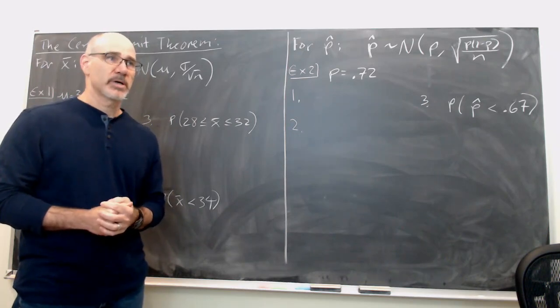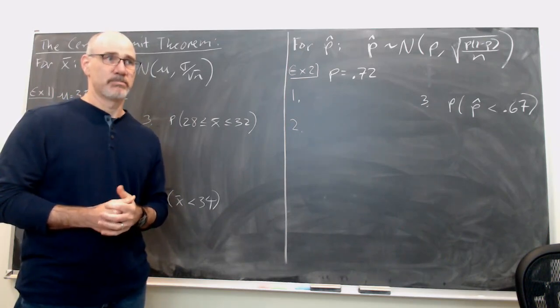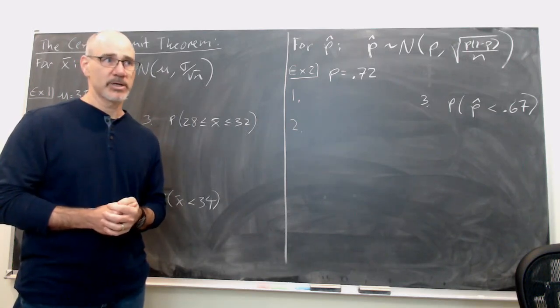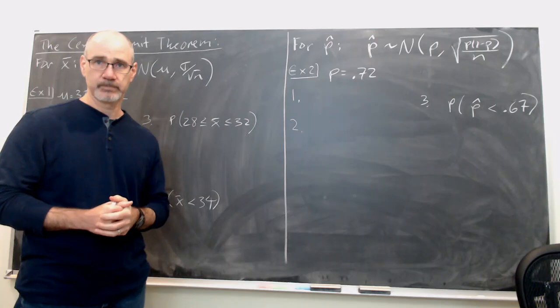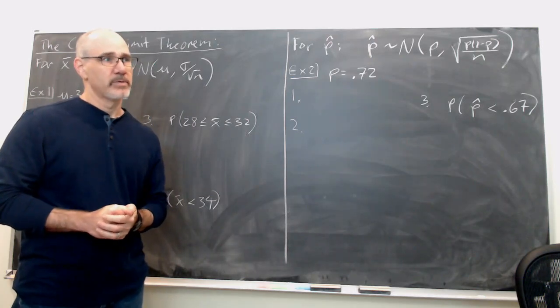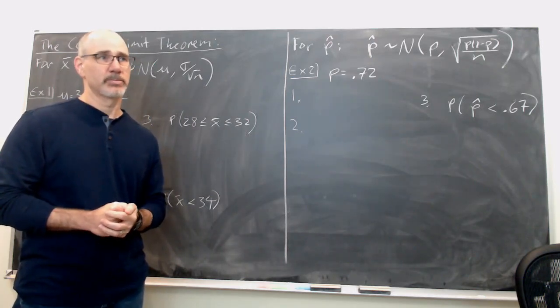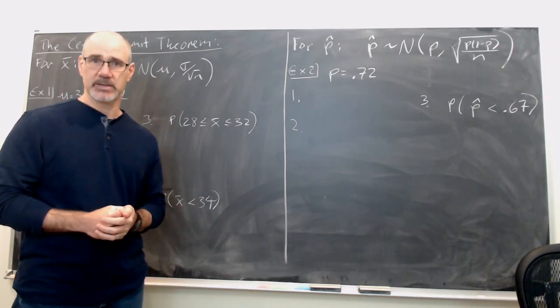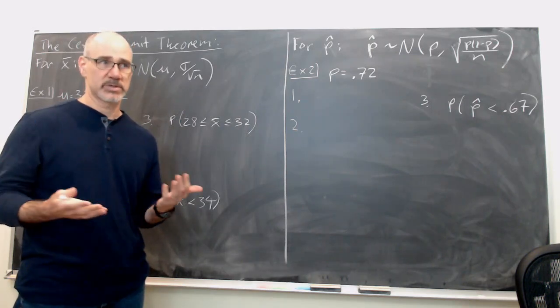Now, if we're talking about a sample mean, x bar, to approximate a population mean, mu, then the way we're going to approach this is to think about what would happen if we took lots and lots and lots of samples of the same size. So say we do a sample of size 100.